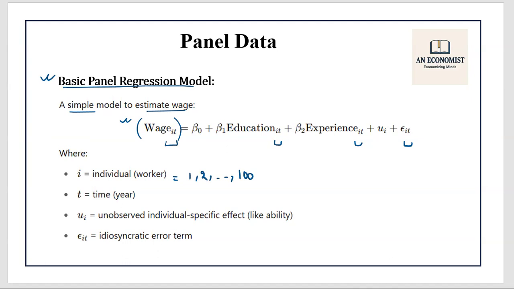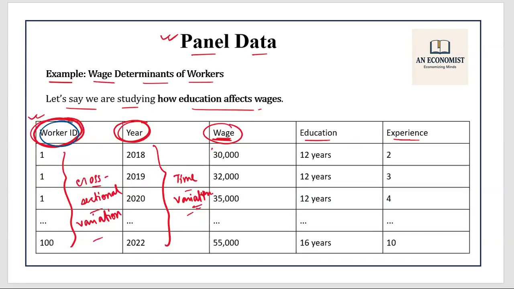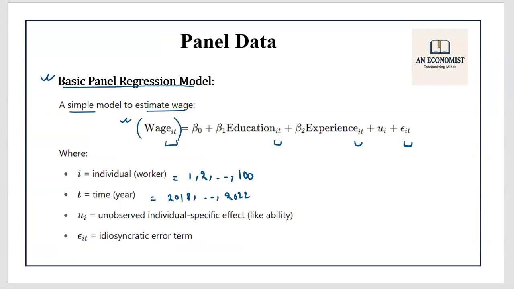And t is the time period. t will vary from 2018 all the way to 2022 in this particular table. We started off with 2018 and the final data point is 2022. So this is the time variation. So wage will be determined across different units and across different time periods, right? That is why you have two different suffixes, i, t.